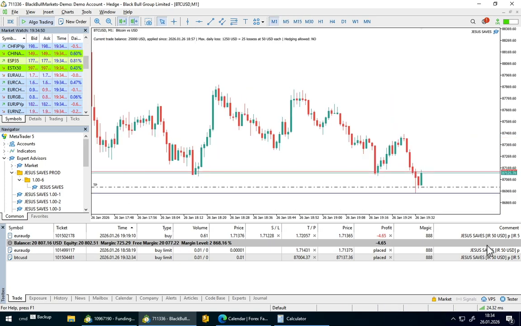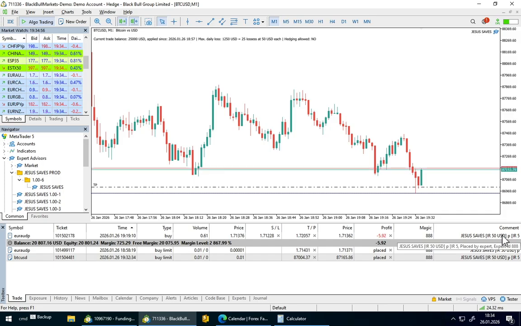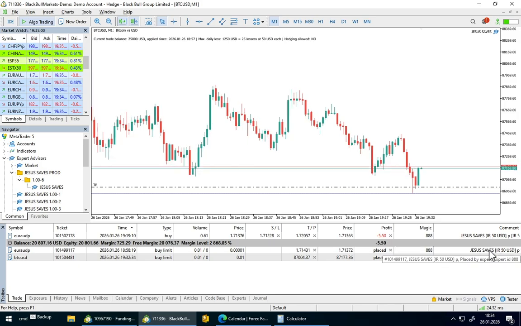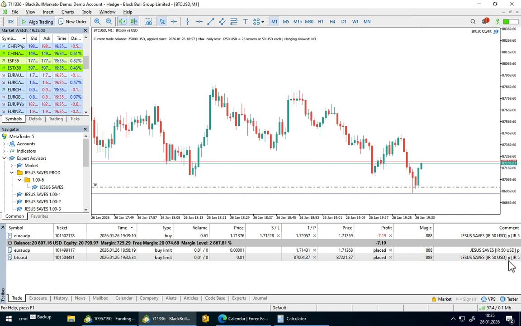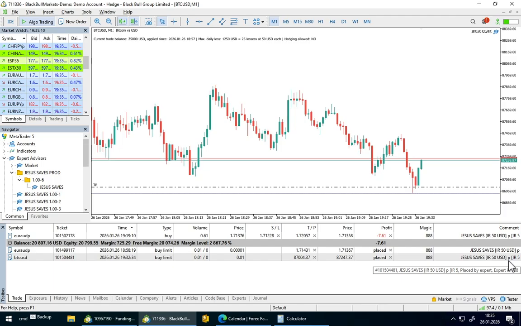And in the comment you can see the name of the expert advisor. Then in brackets you see IR, that's the intended risk of $50. And the P stands for paid version.